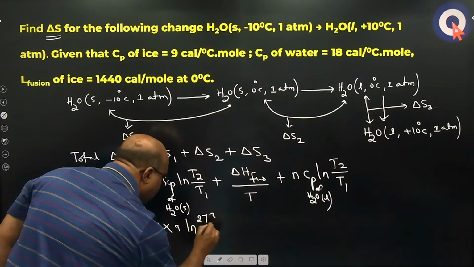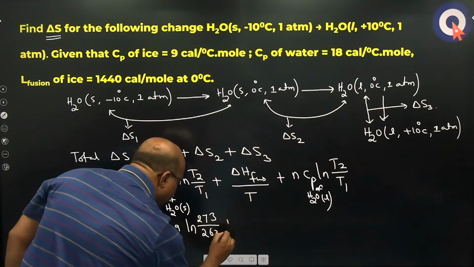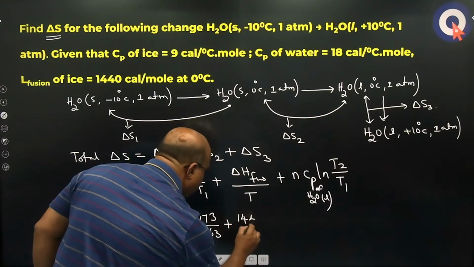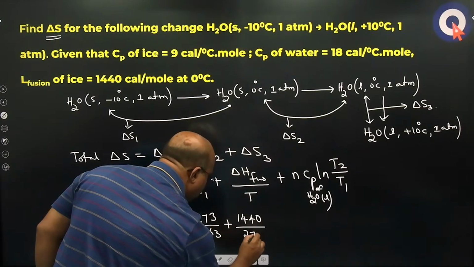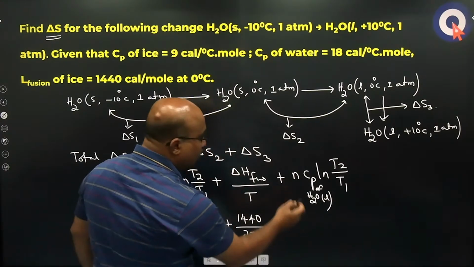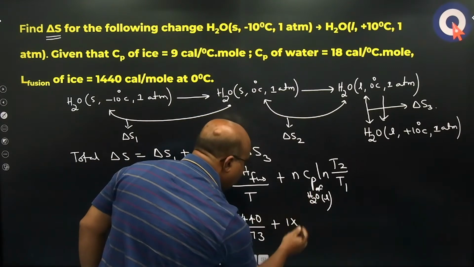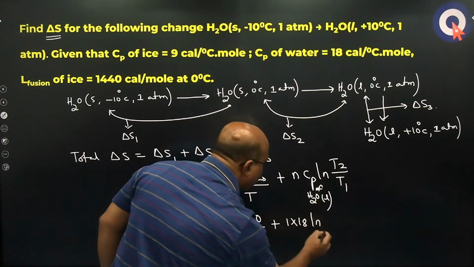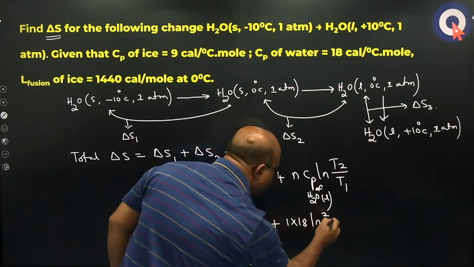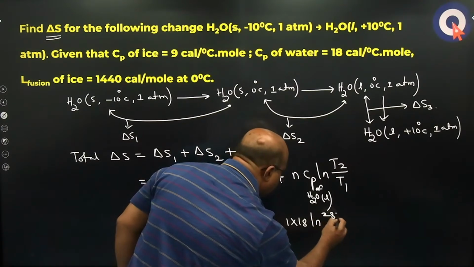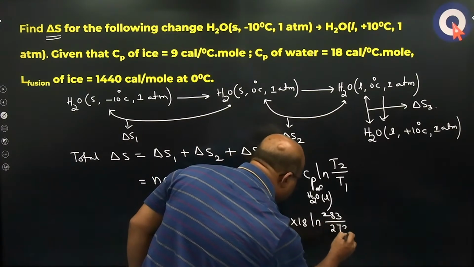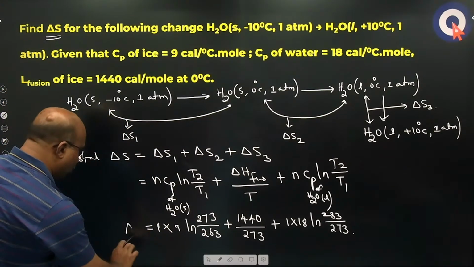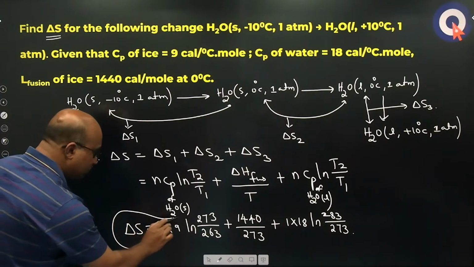So 273 by 263, plus delta H fusion, which is 1440 for 1 mole, divided by the temperature, that is 273, plus again 1 into Cp, that is 18, into ln T2 by T1, which is 283 by 273, because of plus 10 degrees. So this will now give the total entropy change for the process.